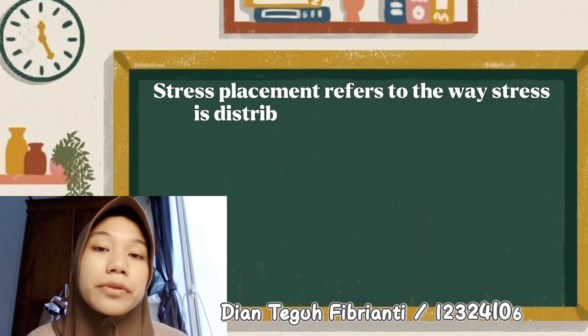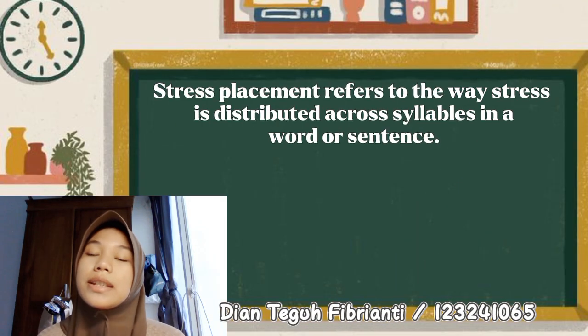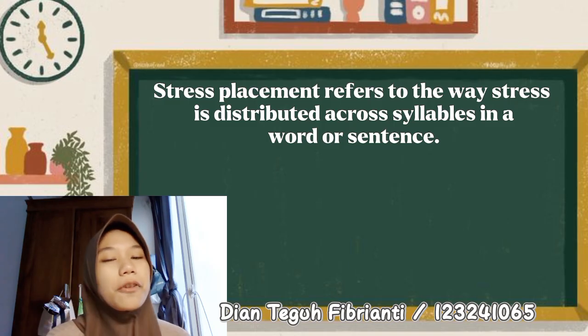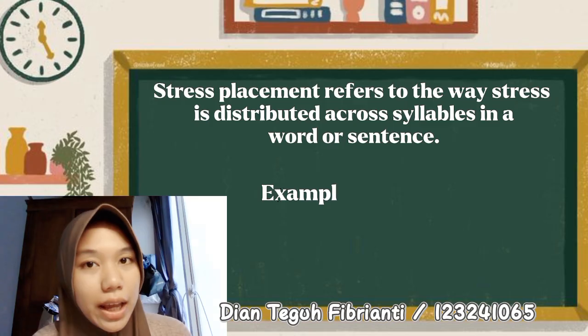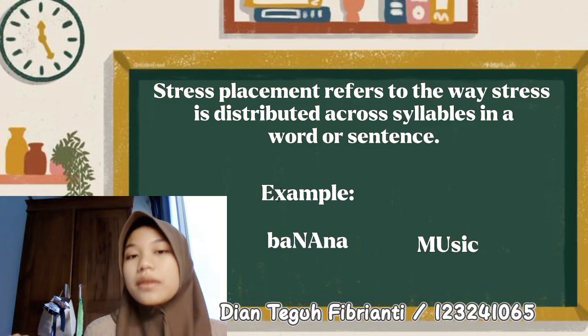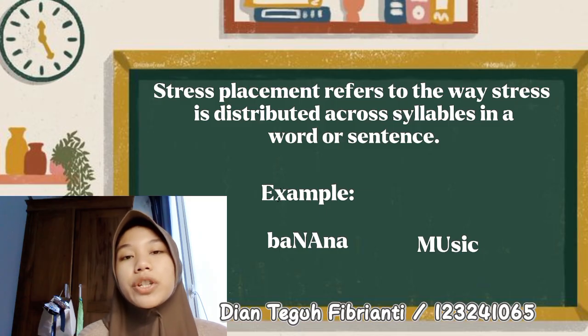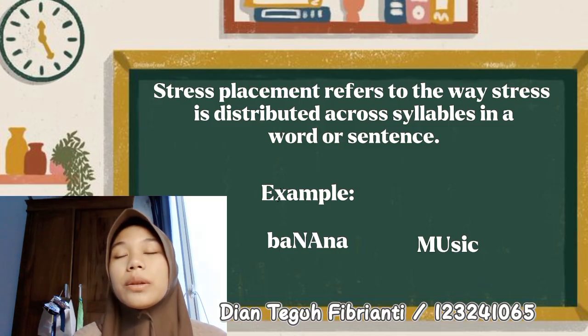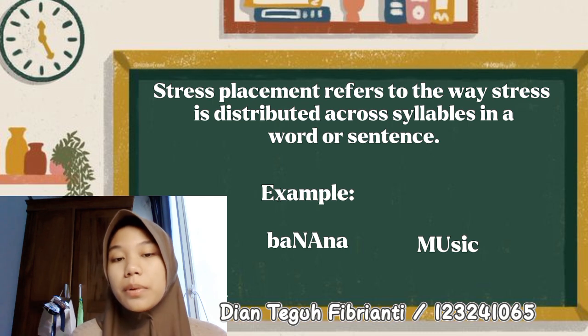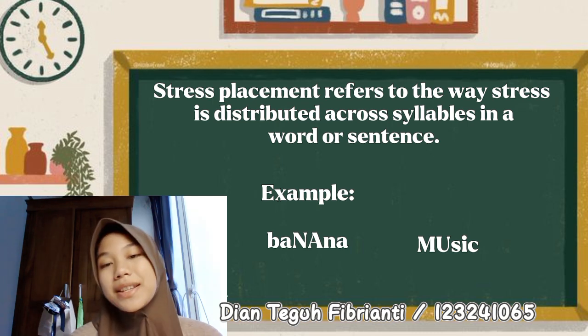Stress placement refers to the way stress is distributed across syllables in a word or sentence. For example, in the word banana, the stress falls on the second syllable, which is na, and in the word music, the first syllable, which is mu, has stress in it.